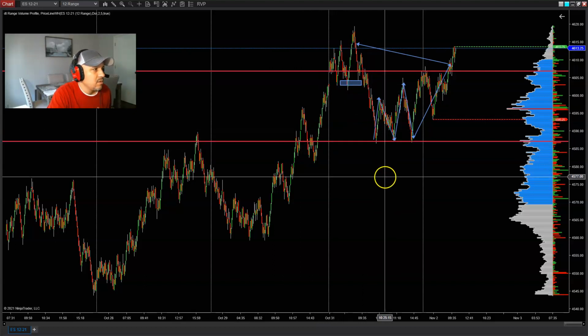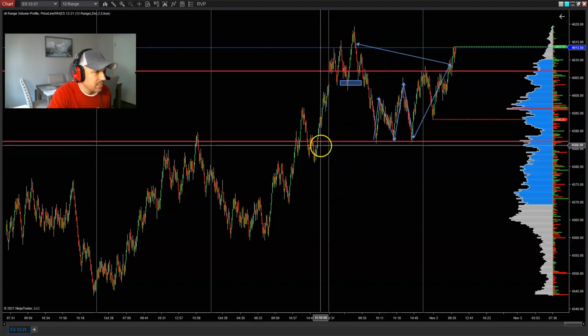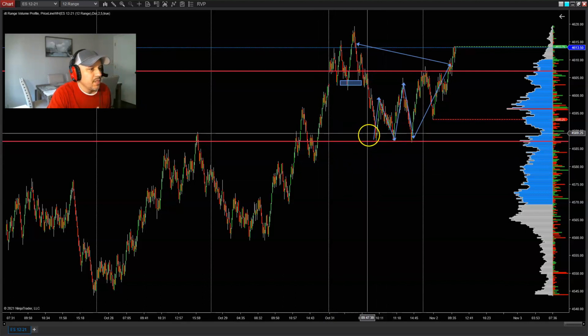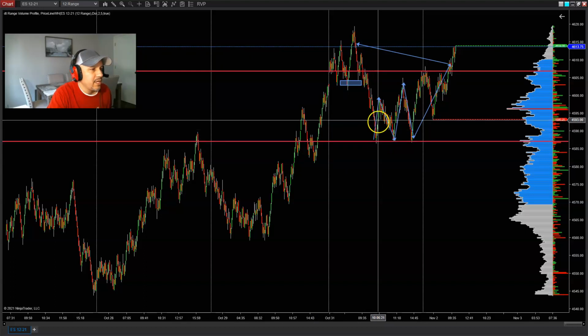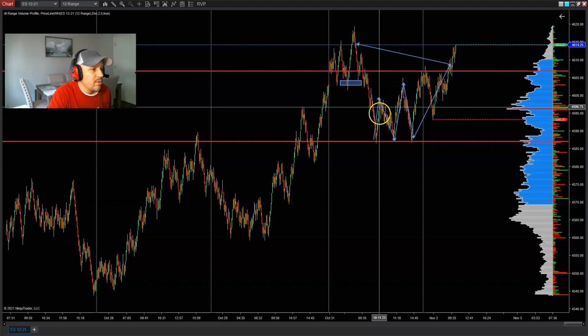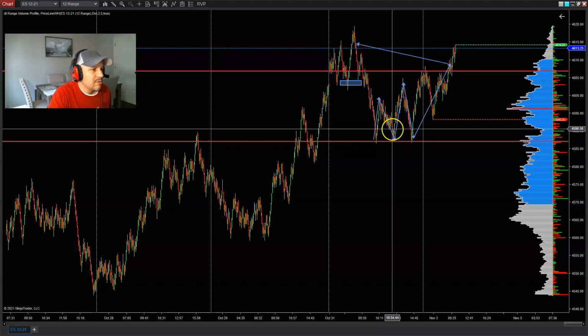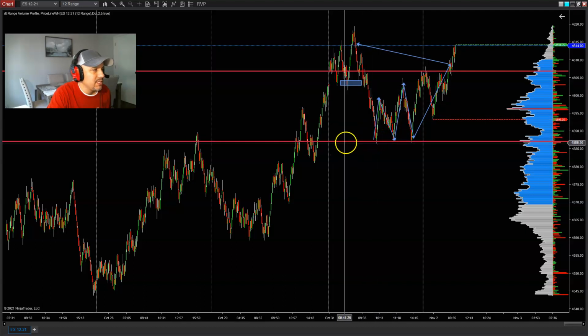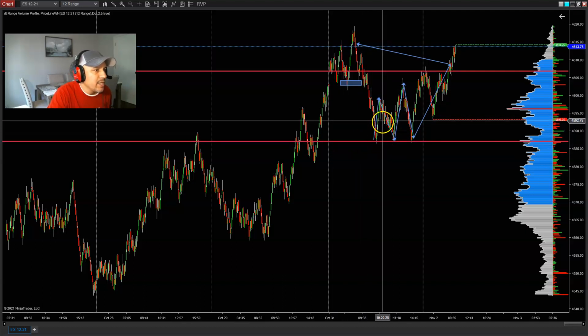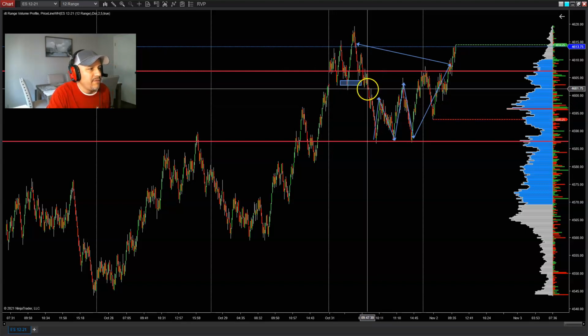Which was an area of demand. I'm sitting right here, and so price is bouncing out of the area again, pushes higher. So basically, I took a trade when price pulled back here yesterday to the long side. Because at that point, when price pulled back into this area of demand here, I was looking above and said, well, we have an area that needs to be filled right here.